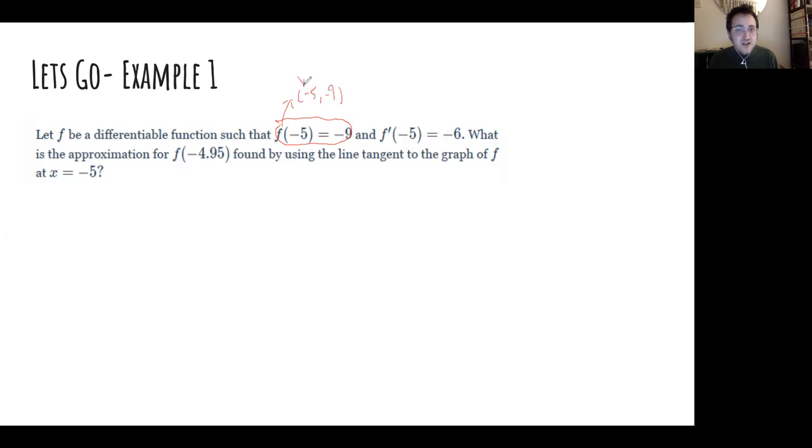So this is our x1 and y1. I'm going to circle that. This tells us that the slope at -5 is -6. So I'm going to put this into point slope form.